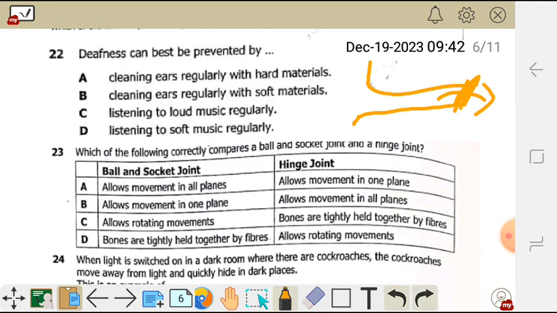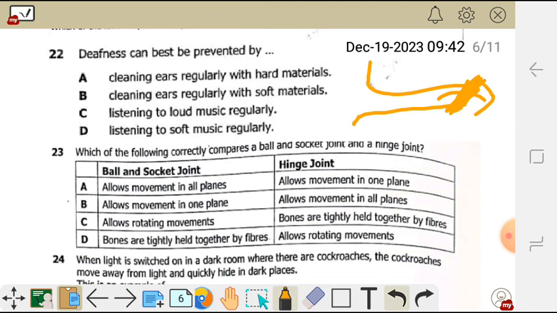And when you listen to loud music, this membrane vibrates as sound gets inside the ear. So the eardrum is going to vibrate more and more, and it can break due to the pressure of the loud sound.